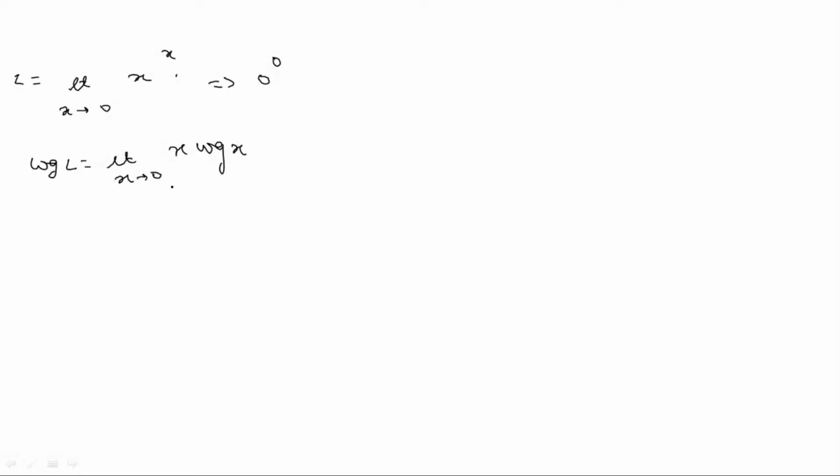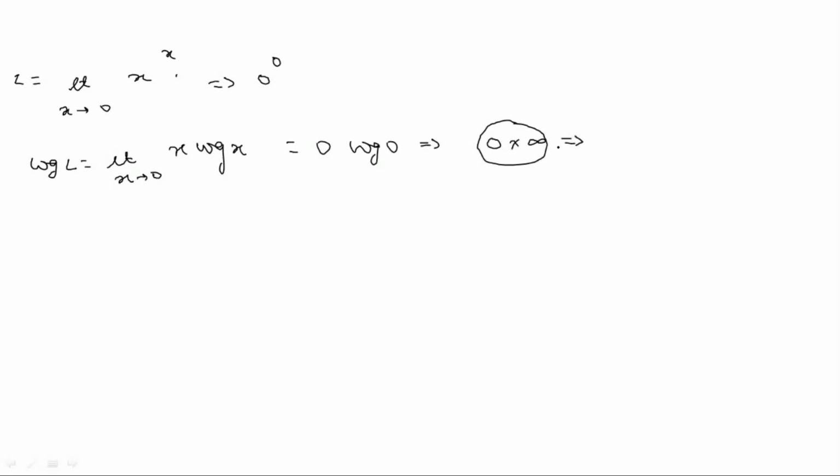Now this is x log x. If we put x equal to 0, we get 0 times log 0, and log 0 means infinity. So 0 into infinity. Again we reach the indeterminate form 0 into infinity.